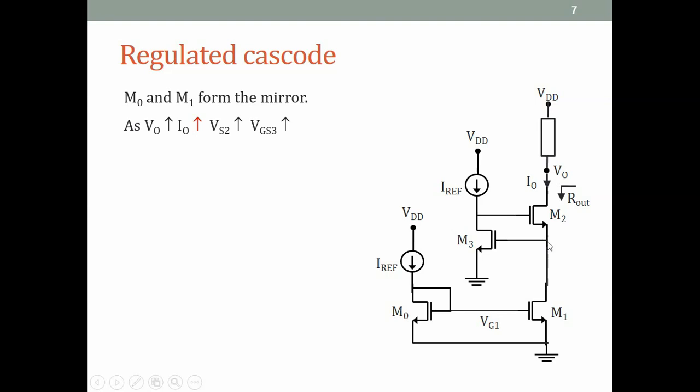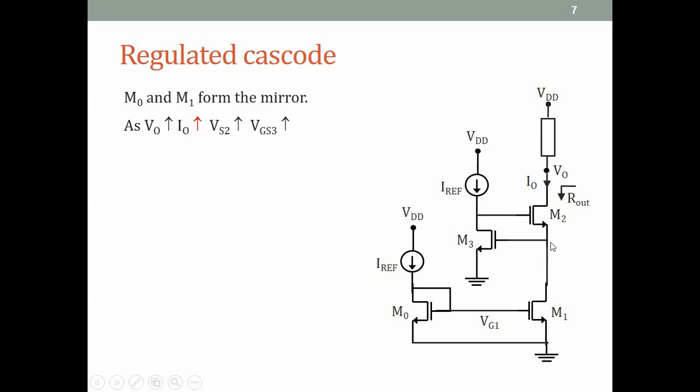Now as VS2 increases, for the regular cascode, VGS2 decreased and so the current decreased, and therefore the overall change in current was small and so the Rout was large, for the regular cascode. Now what is happening? As VS2 increases, not only is VGS2 decreasing, but because of M3, the drain voltage of M3 is decreasing because of this common source amplifier.